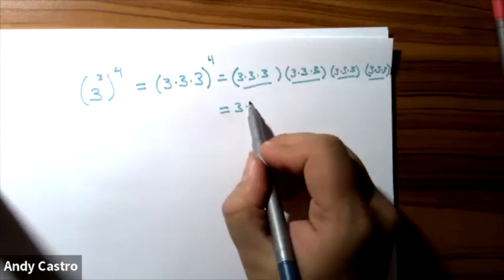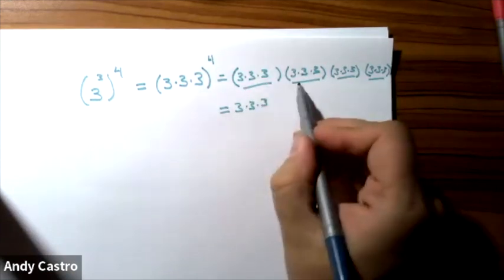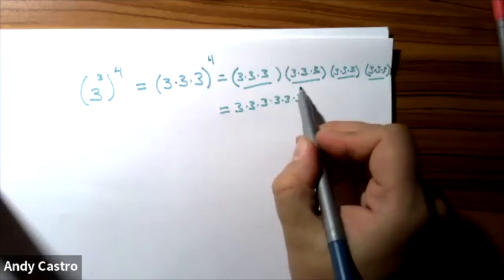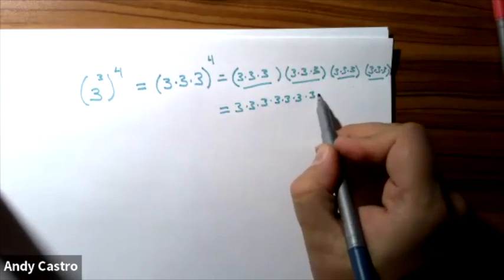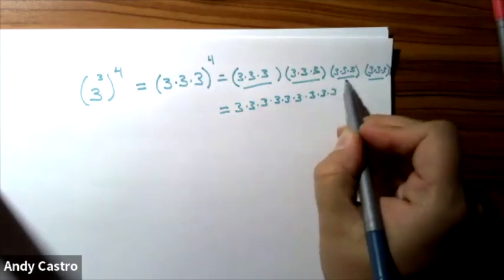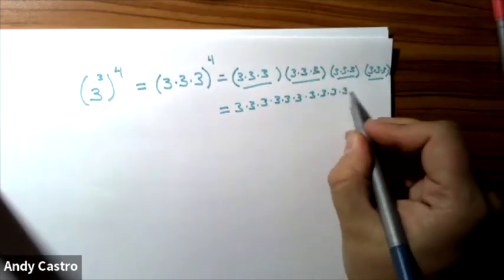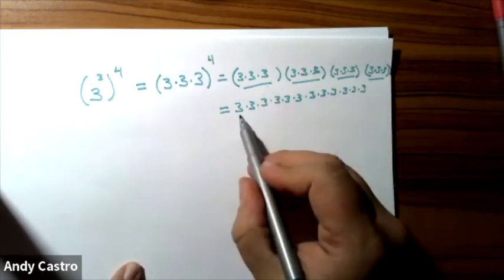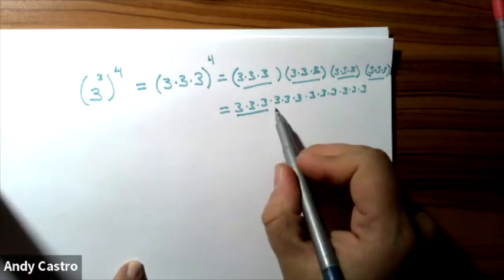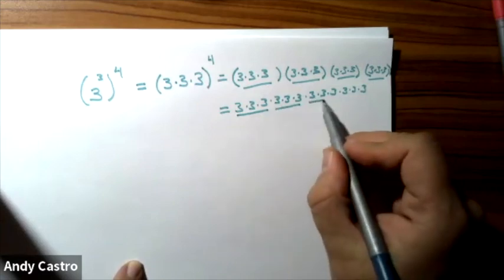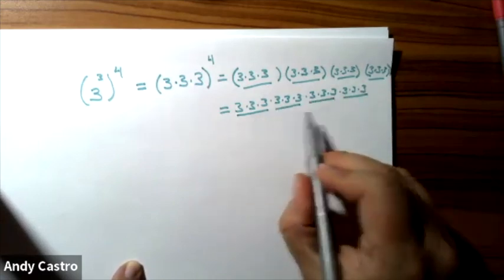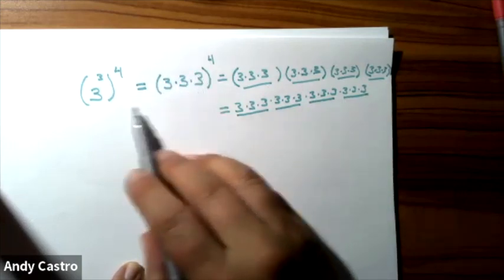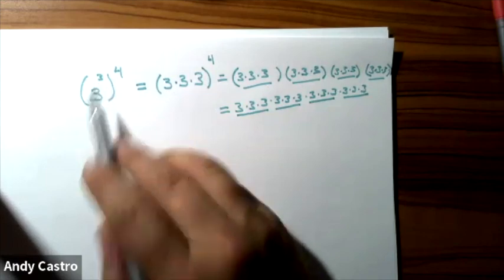So I have 3 times 3 times 3 times 3 times 3 times 3 times 3 times 3 times 3, then my fourth one times 3 times 3 times 3. That came from the first set of 3's multiplied by the next set and the next. Here are the 4 sets, and then these 3 3's come from this 3 to the 3rd.